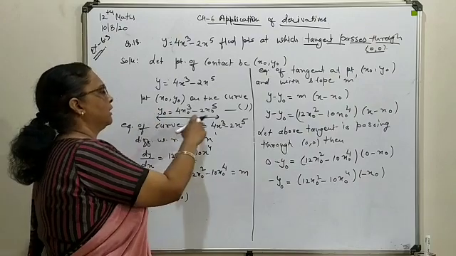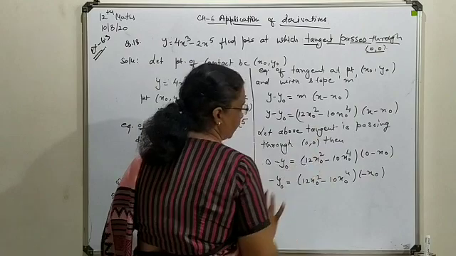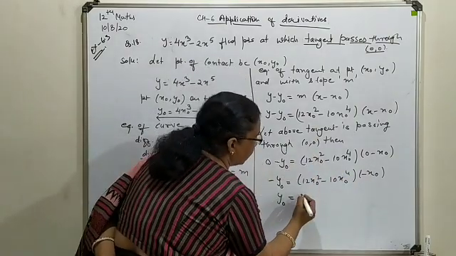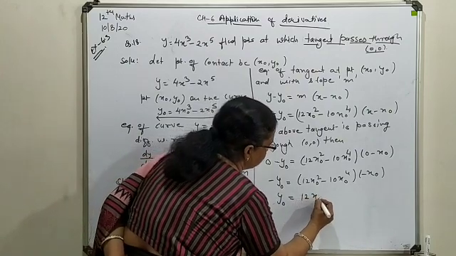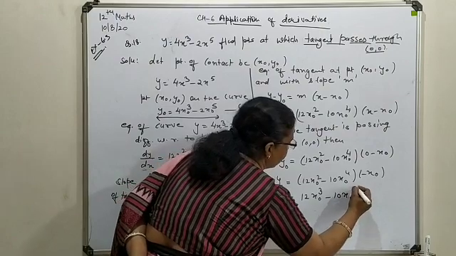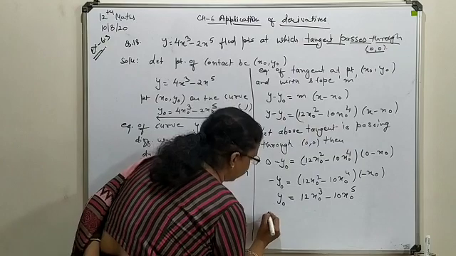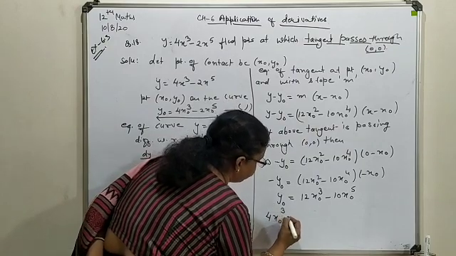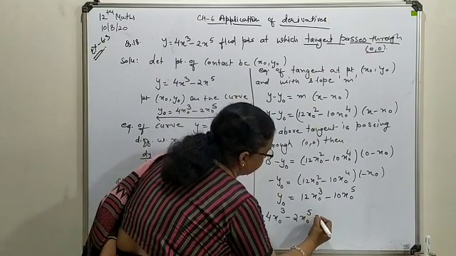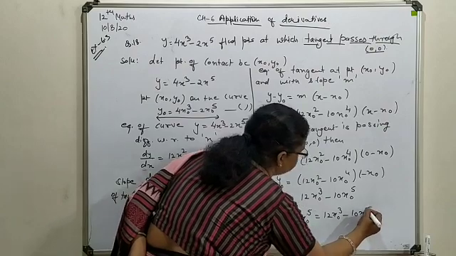First of all make this negative sign adjust. So y0 equals 12 x0 cube minus 10 x0 power 5. Now this y0 you will write in terms of x0 cube and x0 power 5. This is 4 x0 cube minus 2 x0 power 5 equals 12 x0 cube minus 10 x0 power 5.